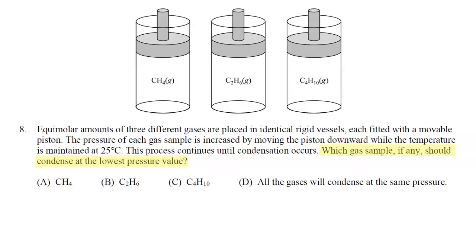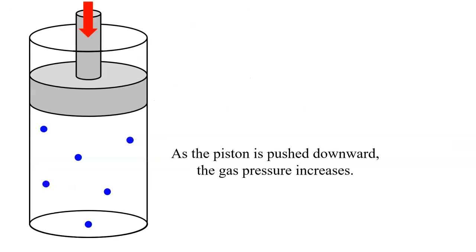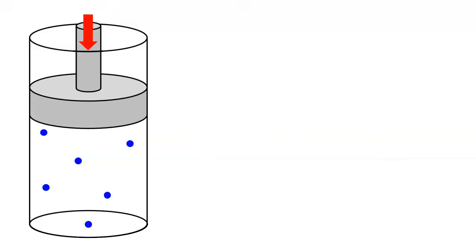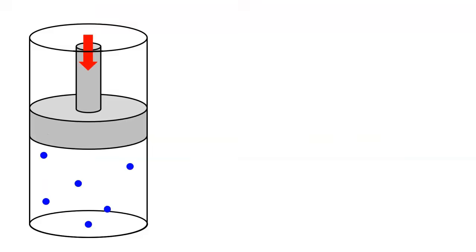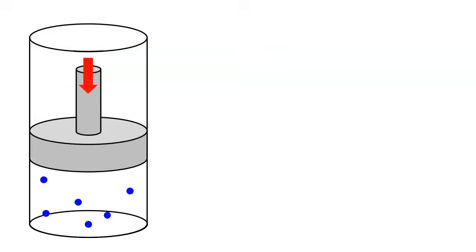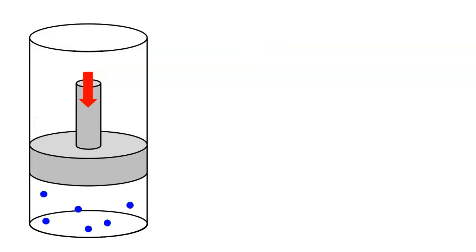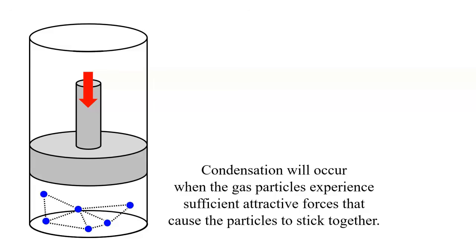Now, let's go ahead and consider what happens as we move the piston downward in these rigid vessels. So as the piston is pushed downward, the gas pressure increases. And the gas pressure continues to increase until the particles of gas condense into a liquid.